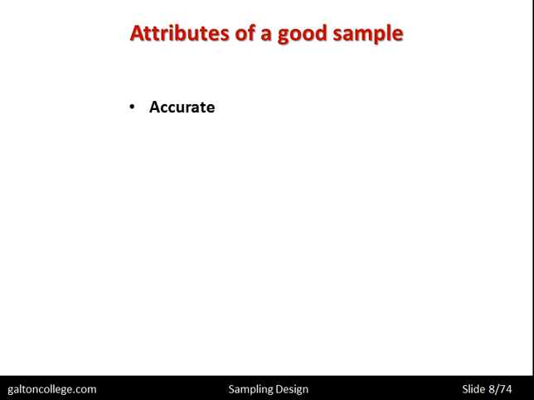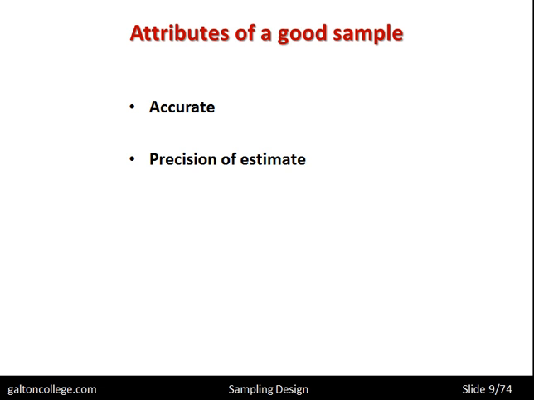We say that the average of the sample is the same as the population, plus or minus some margin of error, some percentage, let's say. But it should be accurate. It should be close to the population figure.